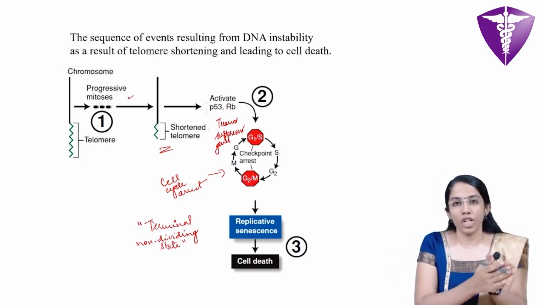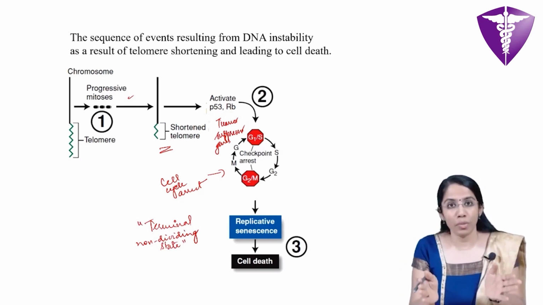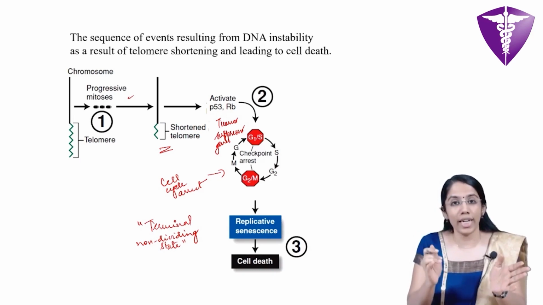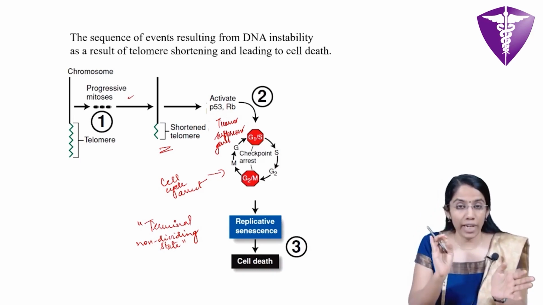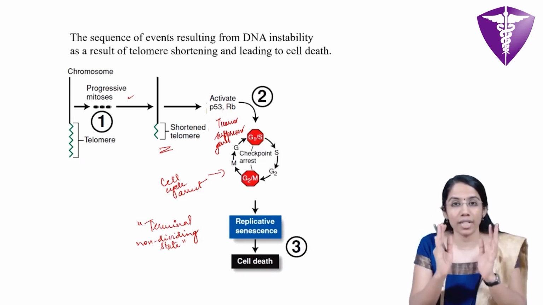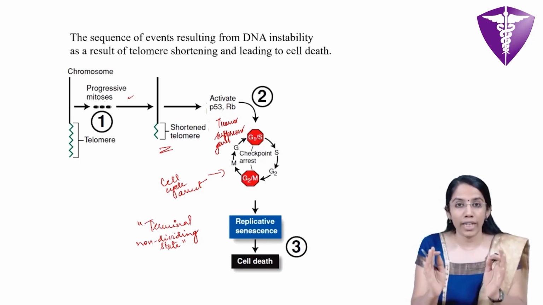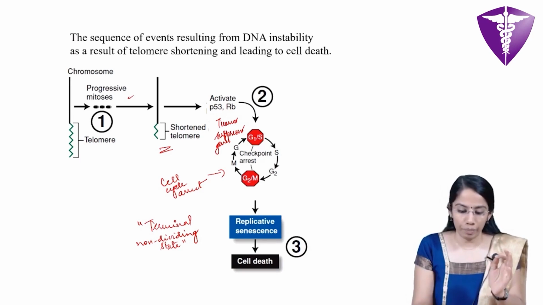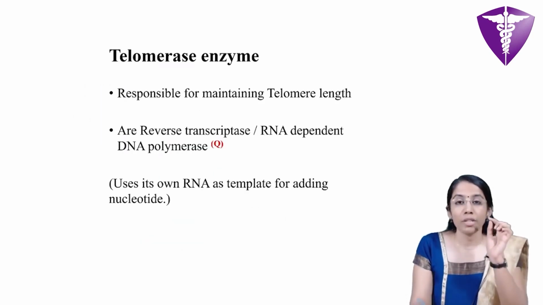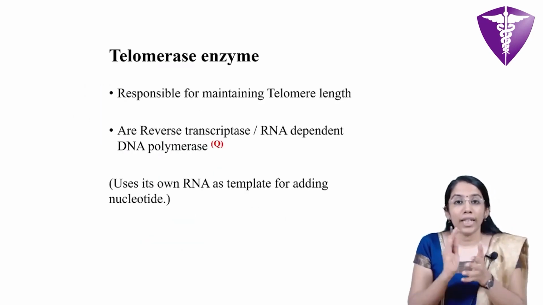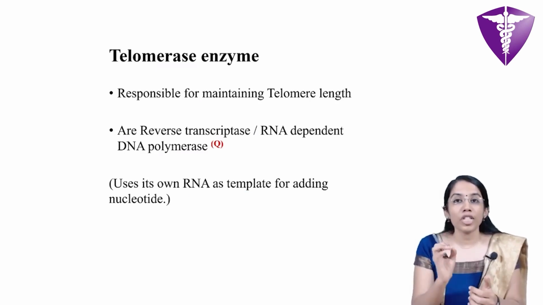So first shortening of telomeres occurs, then activation of tumor suppressor genes occurs, then cell cycle arrest occurs, leads to replicative senescence, that is the cell enters into a terminal non-dividing state and eventually triggers cell death. Next, about telomerase enzyme. This is the enzyme responsible for maintaining the telomere length.